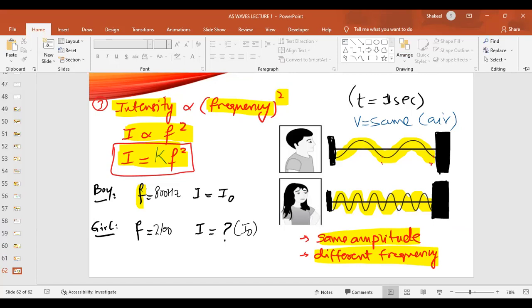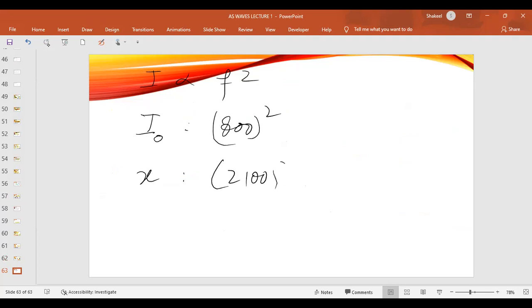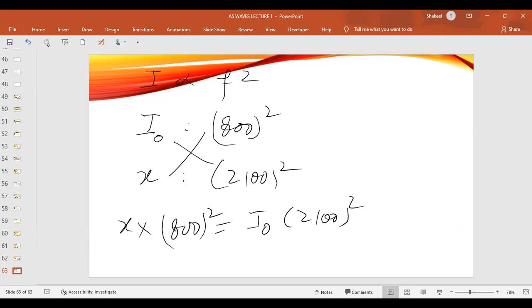So the boy's intensity was I naught and frequency was 800 squared, and the girl's intensity is X and frequency is 2100 squared. So you cross multiply to get the unknown value. You will simply solve it to get your answer. So that will be the intensity for the girl.